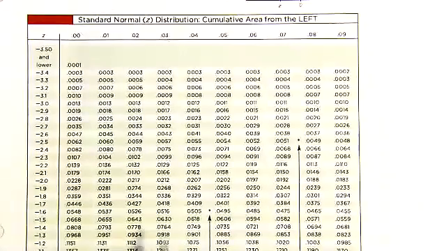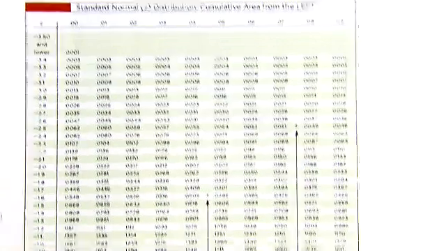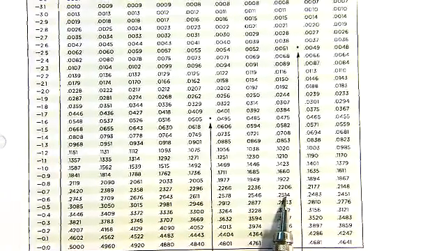So we're looking up 0.25. Looks like this is the closest one right here, 0.2514.